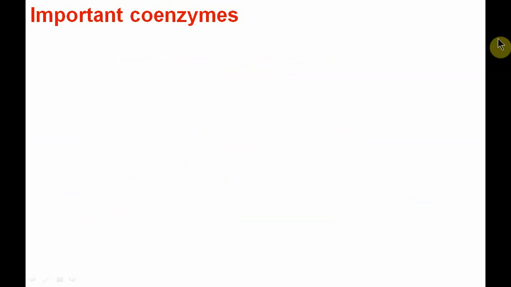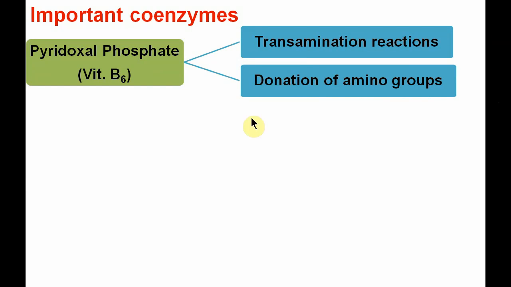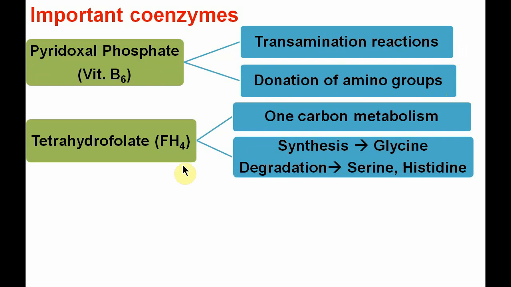Now some important coenzymes are also helpful in the synthesis and degradation of amino acids. First is pyridoxal phosphate, which helps in the transamination reaction under catabolism and the donation of the amino group for synthesis of various amino acids. Next is tetrahydrofolate, or folic acid, which helps in one carbon metabolism and is also helpful for synthesis of glycine and degradation of serine and histidine.